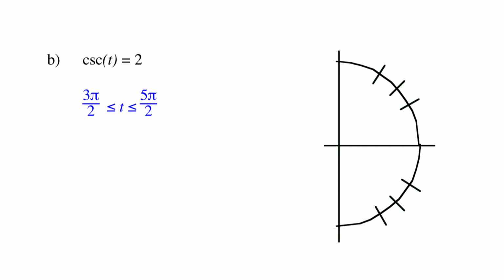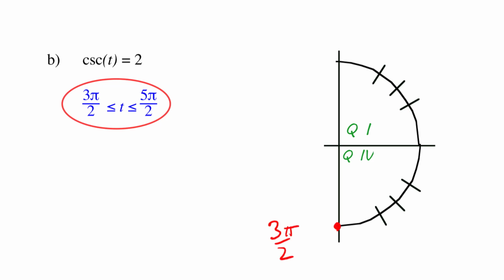This time, our restriction is that t is between 3 pi over 2 and 5 pi over 2. Well, that's actually quadrants 4 and 1. Starting at the bottom of quadrant 4 at 3 pi over 2, coming up all the way to 5 pi over 2, which means we've actually passed through 2 pi. So 3 pi over 2 to 2 pi to 5 pi over 2, quadrants 4 and 1.